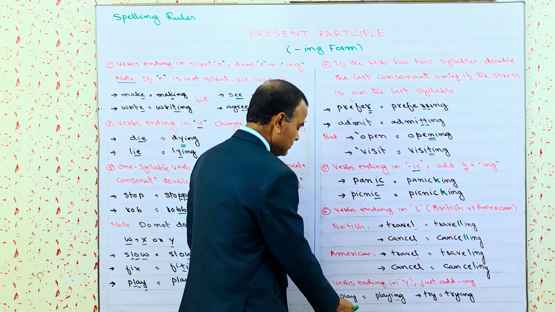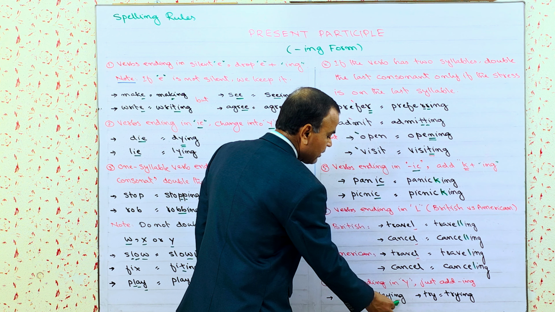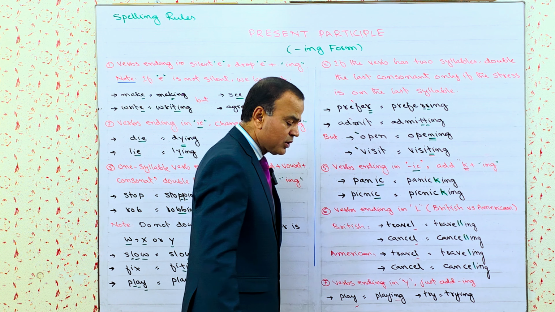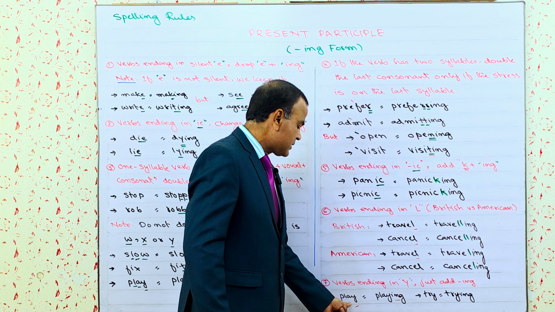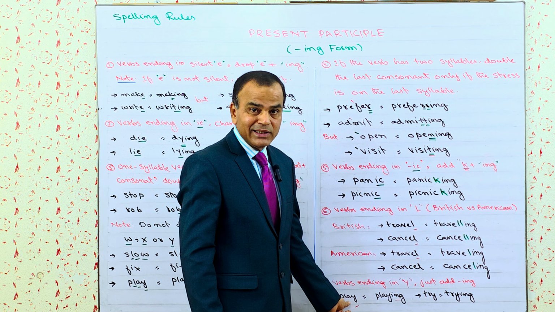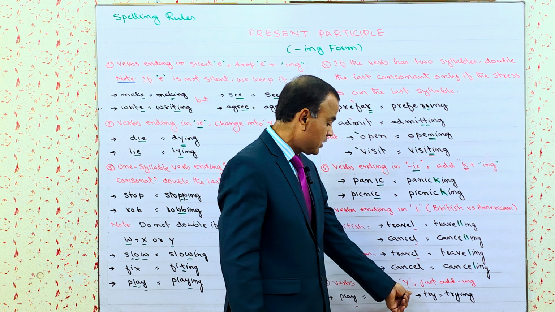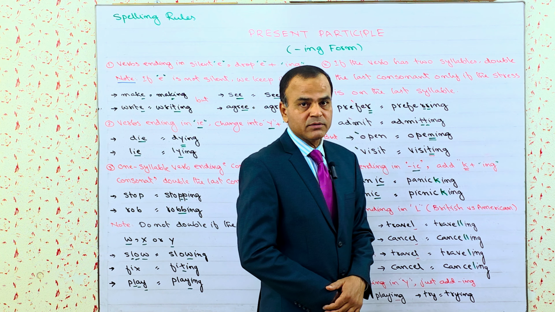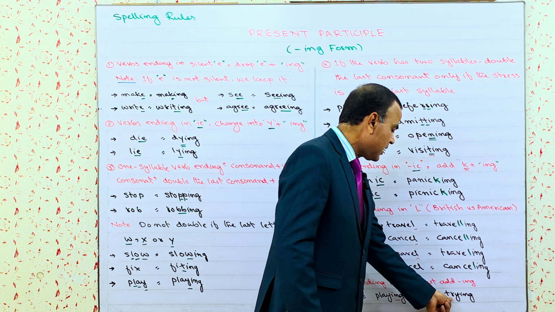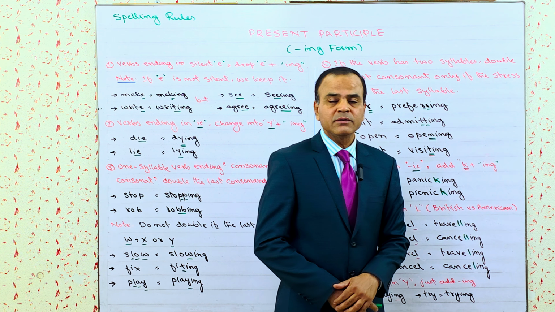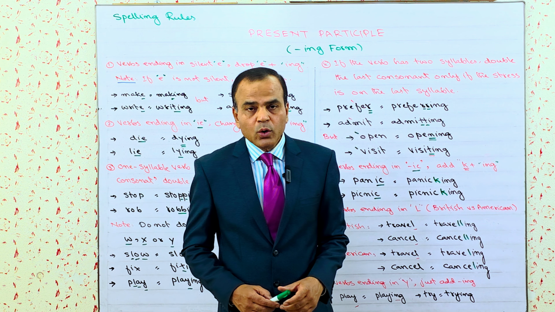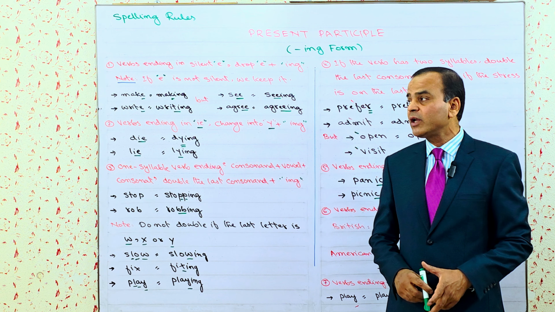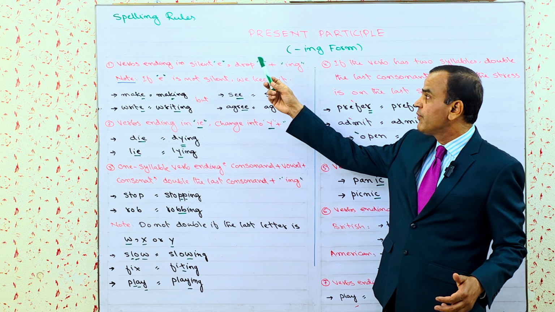Like play, ing form playing. Try. Even if you think that okay, Y has a vowel before it, that's why it is intact, what about the word try? Y has a consonant before it, but still the spelling is trying.